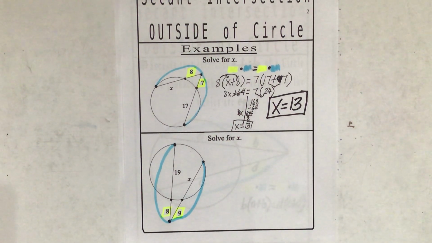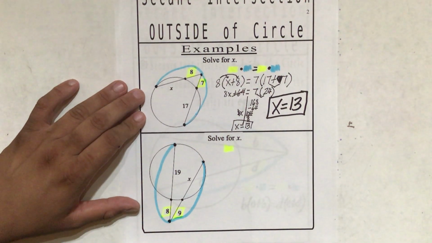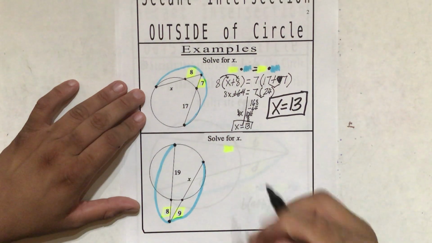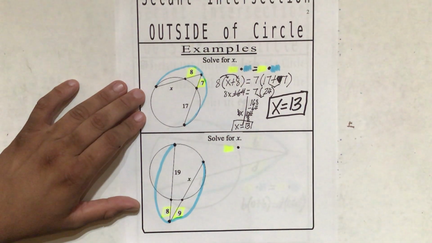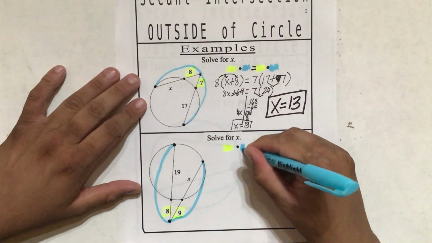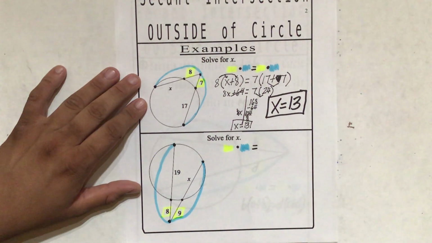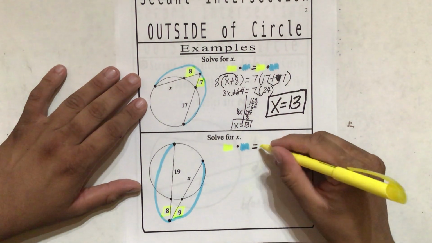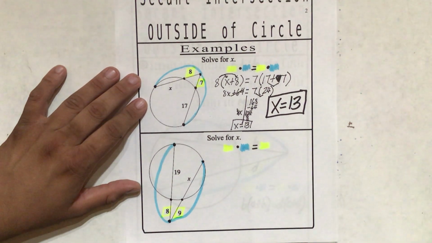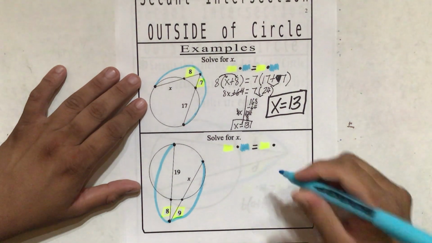So we have to remember that yellow times blue is equal to yellow times blue.